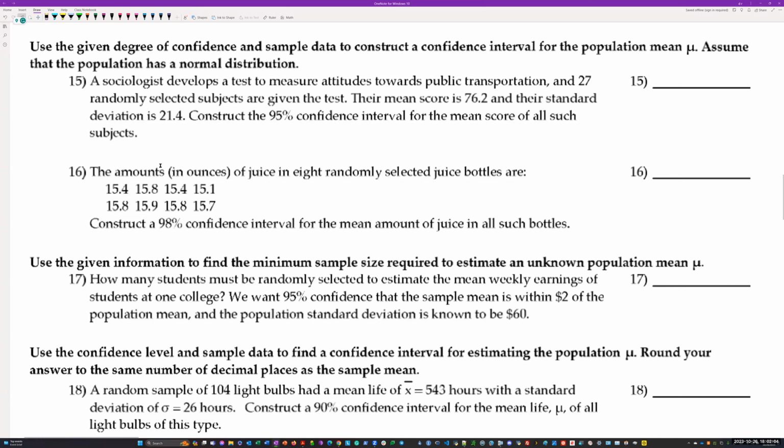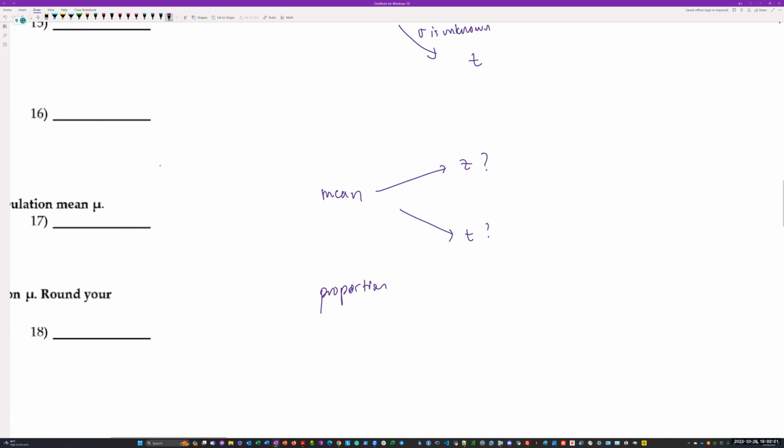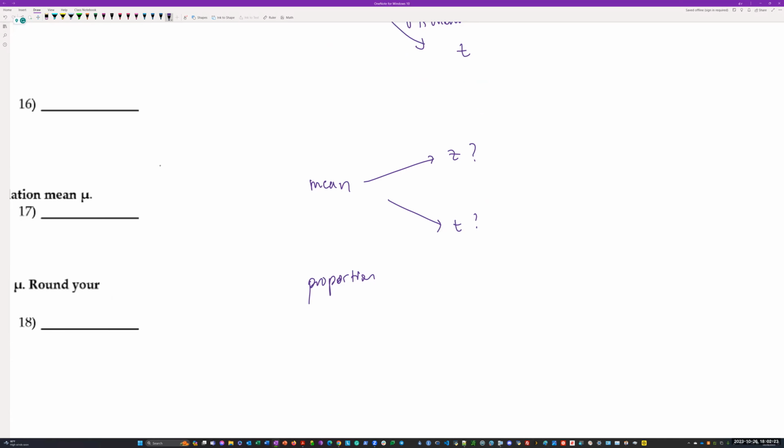Now, the thing I was mentioning previously, at the beginning, is that you have to decide if something is talking about mean or proportion, right? If it's mean, I need to decide between is it Z or is it T? How do I decide that again? What standard deviation? The population standard deviation specifically.